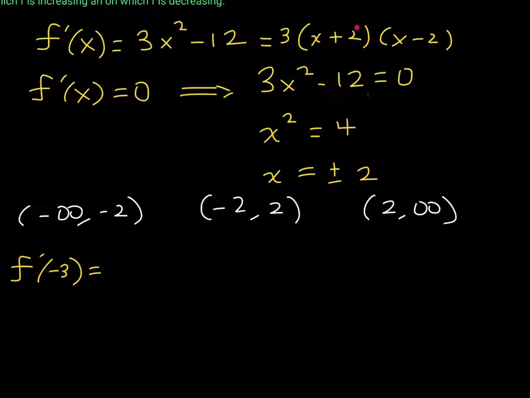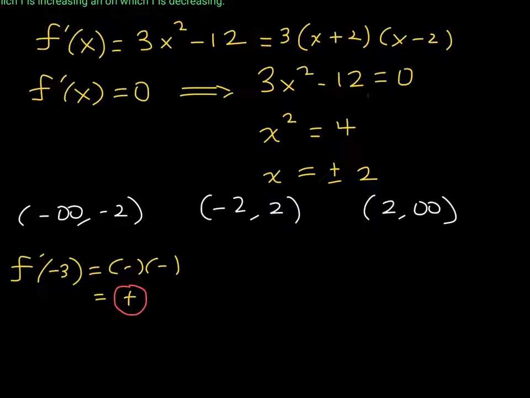When I plug -3 into this factor, it is negative. When I plug -3 into this factor, it is also negative. And a negative times a negative is a positive. So what we just determined is that on this interval, f prime, the derivative function, is positive, meaning the slopes of the lines tangent to the curve in this interval are positive.